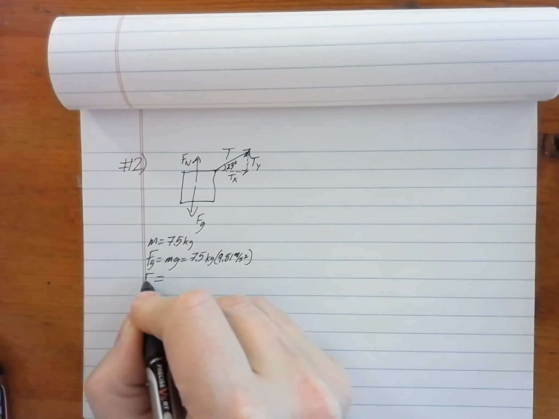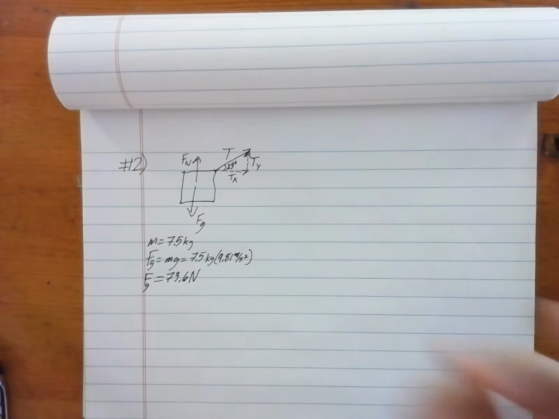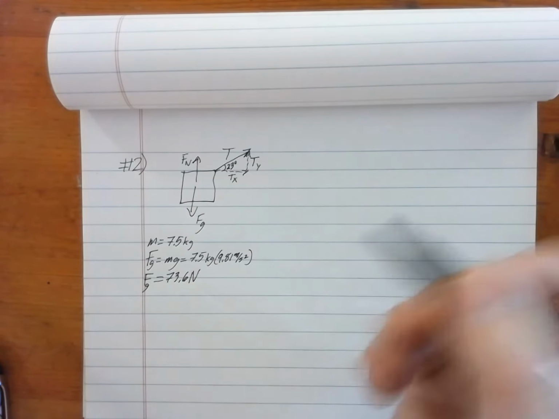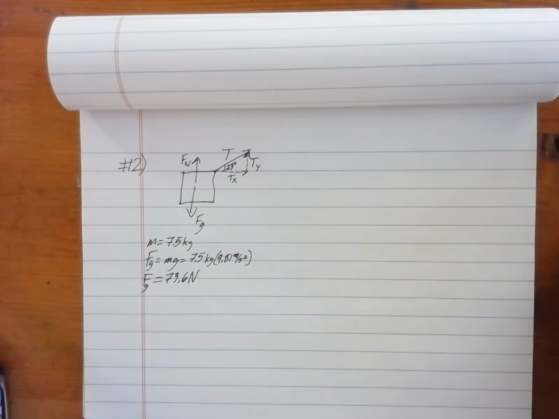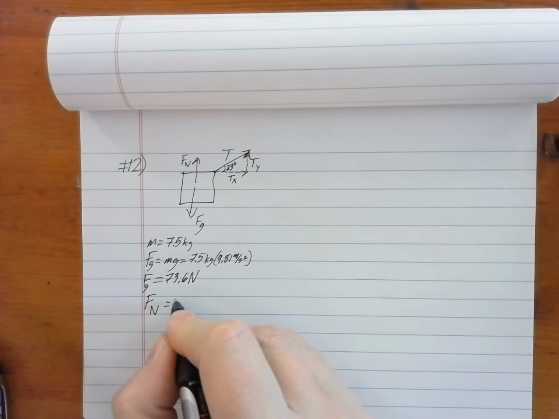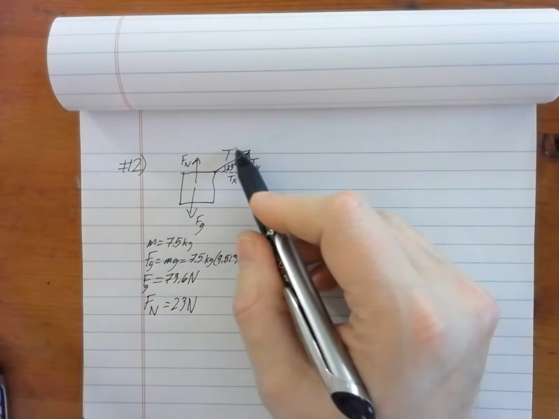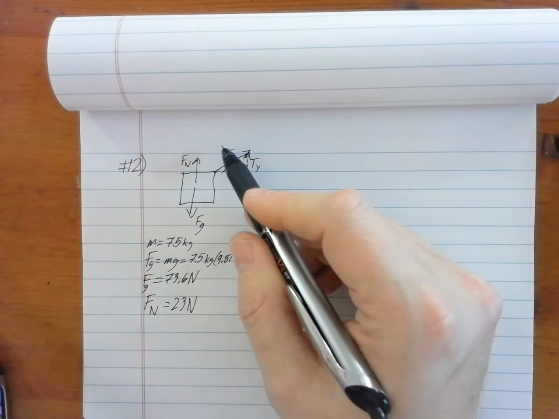So our Fg value is 73.6 newtons. All right, and then the last thing we're given is, it says the normal force is 23. All right, so we want to find this T.